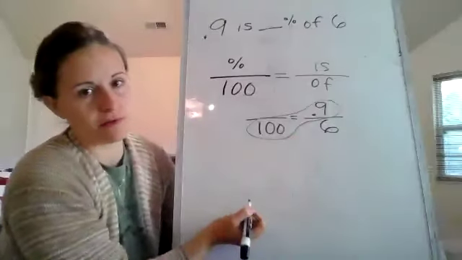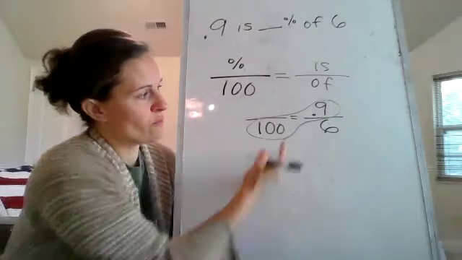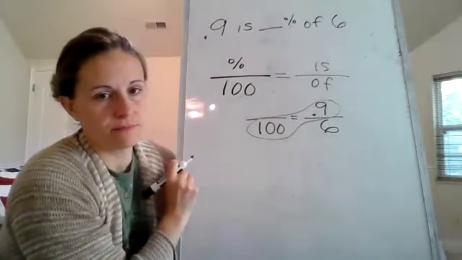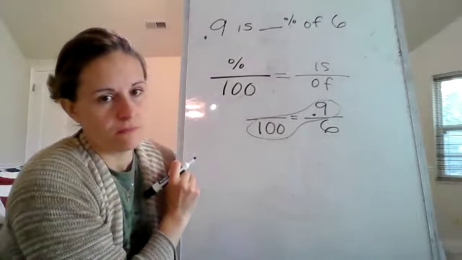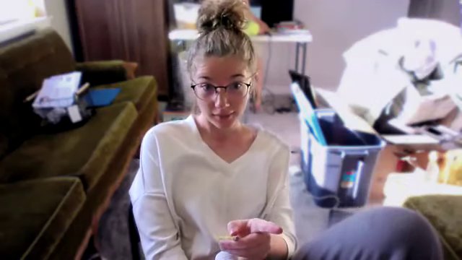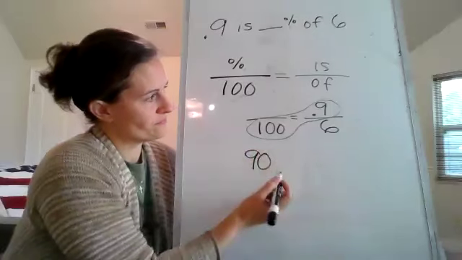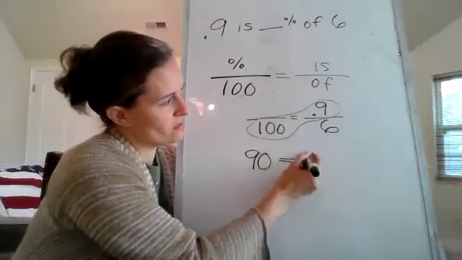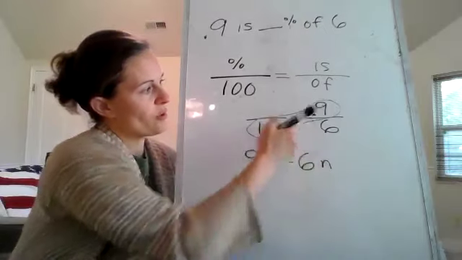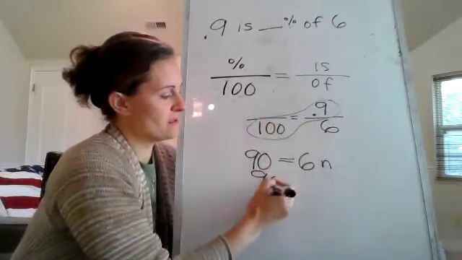So we need to multiply those numbers, and then we'll divide it by that other number. 90. 90 equals 6 times n, or we can just go 90 divided by 6.